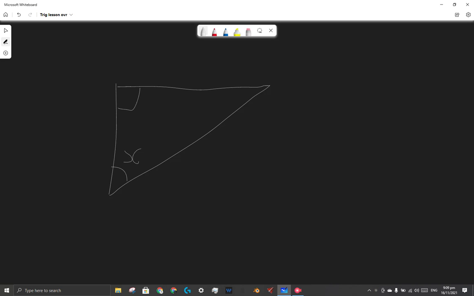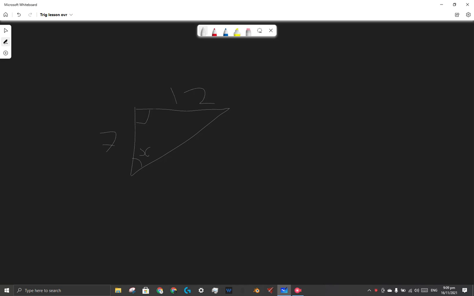Alright, so I'd like you to calculate angle X, and I'll give you these two sides here. Round your answer sensibly if it is meant to be rounded.